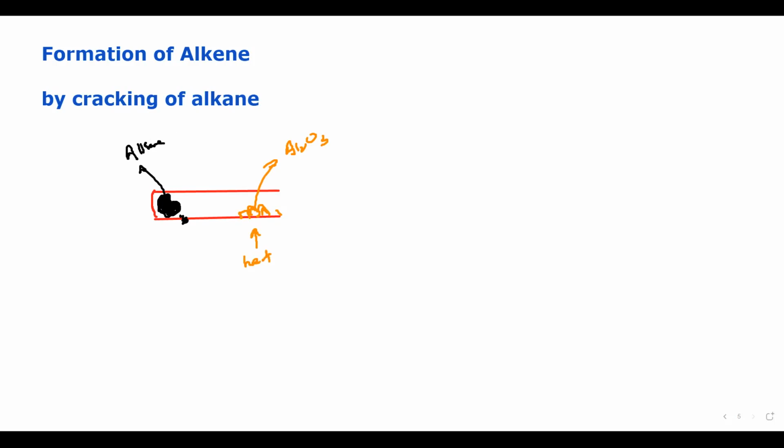What will happen is that this alkane vaporizes, from the cotton wool in a liquid state it turns into vapor, and when these alkane vapors start to move over the surface, they will turn into alkene. So this results in a formation of alkene, and then we collect this over water.